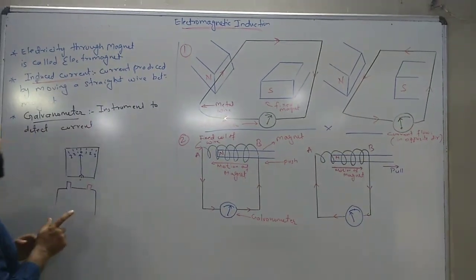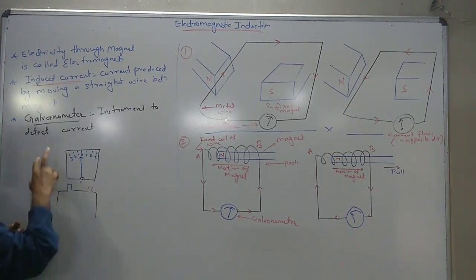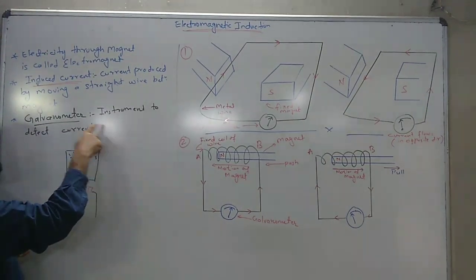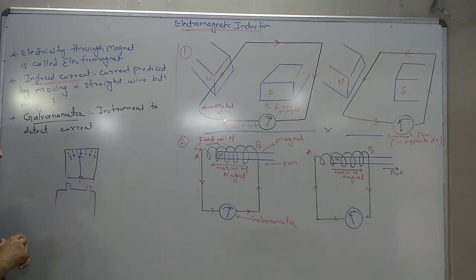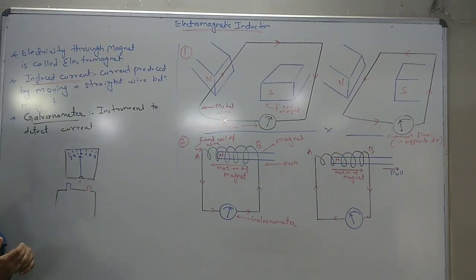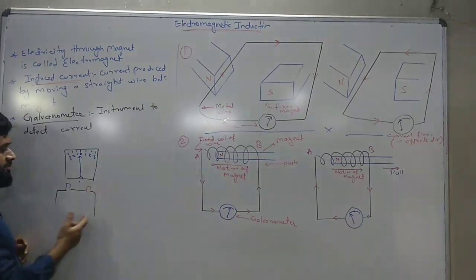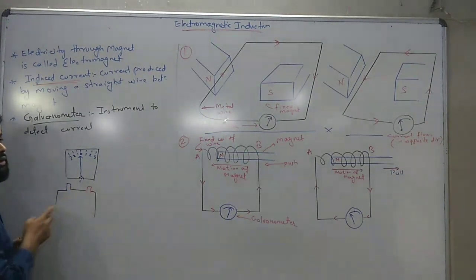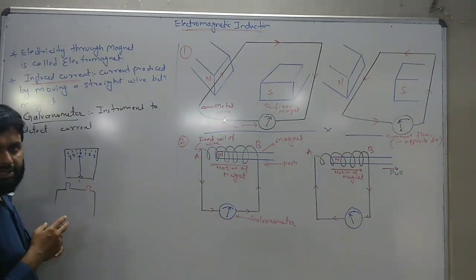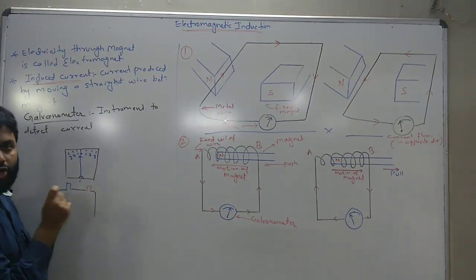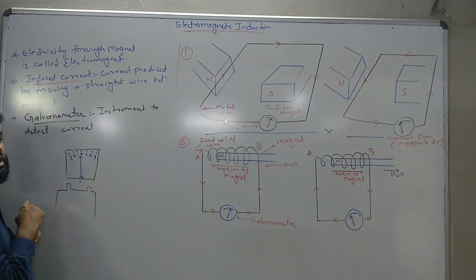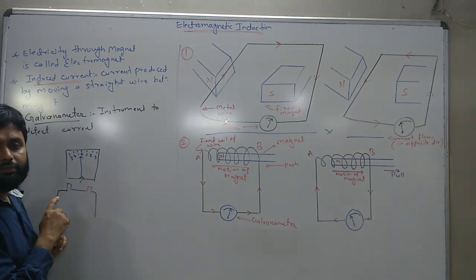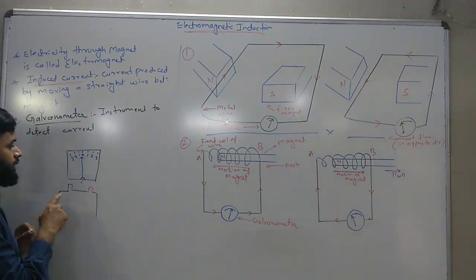Before that, I would like to inform you about the galvanometer. It is an instrument used to detect current. It works on the same principle. There are two magnets, north pole and south pole, in the galvanometer, and current is passed between the poles of the magnet.